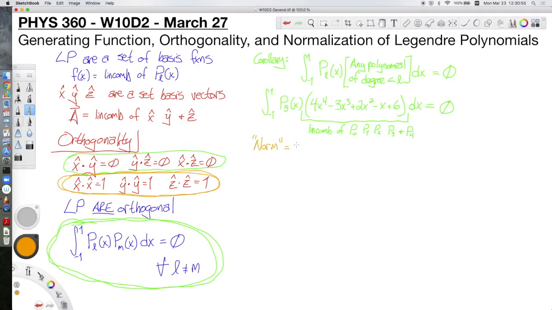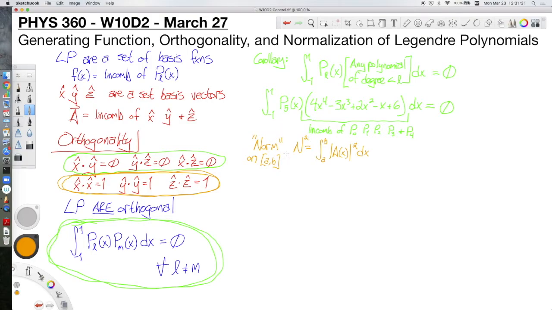So the norm of a function, defined as capital N, is the integral from a to b. So this is the norm on the interval a, b. So the integral from a to b of the function a of x, an arbitrary function, dx, and that will equal n squared.